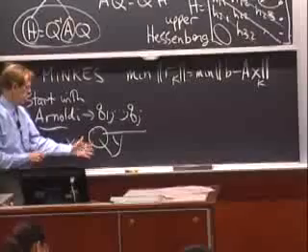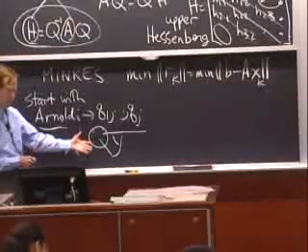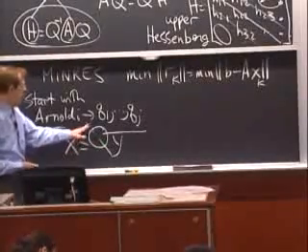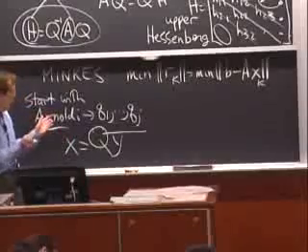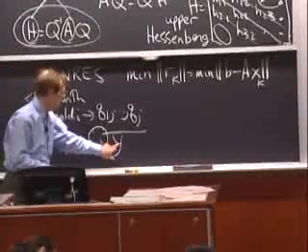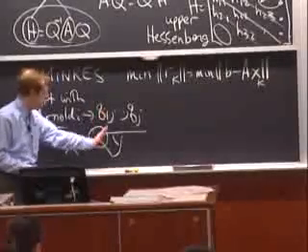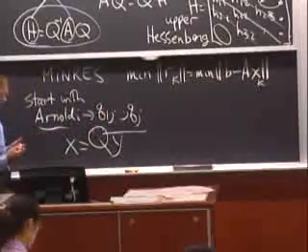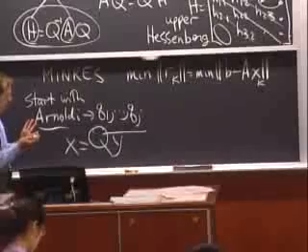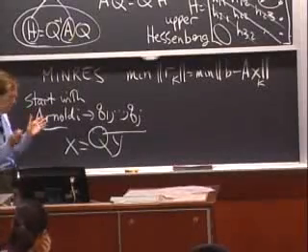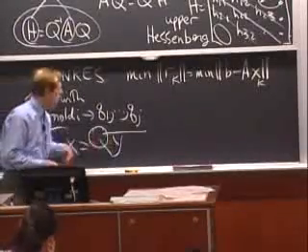Is that how you see x equals Qy? So instead of looking for the vector x, I'm looking for the vector y, which tells me what combination of these columns, the q's, x is. In other words, I'm working in the q basis.